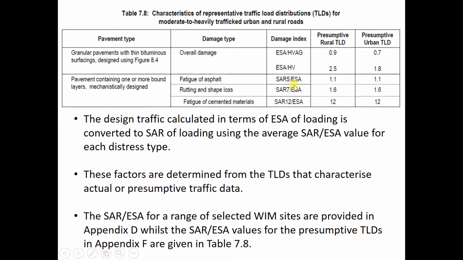How many of this is the ratio from SAR based on asphalt to the equivalent standard axle? For the asphalt it is 1.1. For rutting, which is deformation, for the subgrade it is 1.6. For the cemented material fatigue, this ratio becomes 12. So this is actually the distribution of the traffic loading.